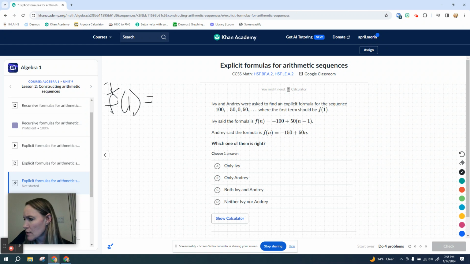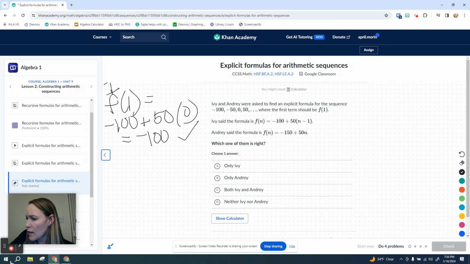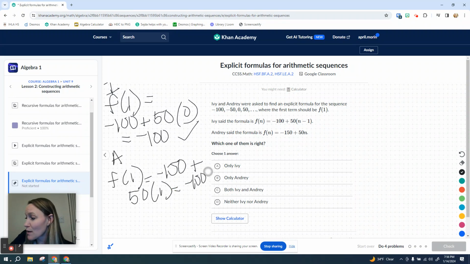Equals negative 100 plus 50 times 0, which is 0, so that would be negative 100. The first term is negative 100. That checks out. What about Andrew? If I do f of 1 equals negative 150 plus 50 times 1, well, that does equal negative 100. So that one works too.